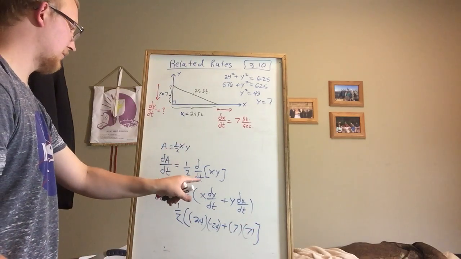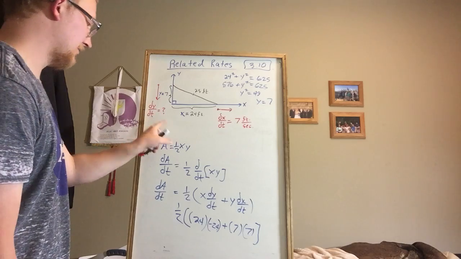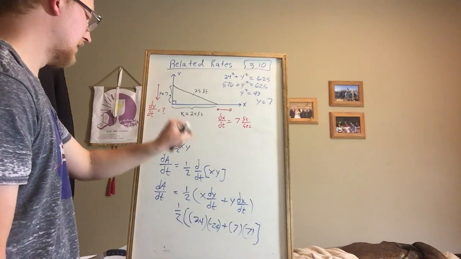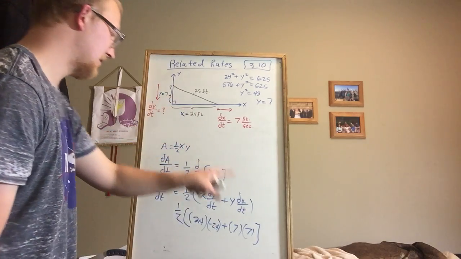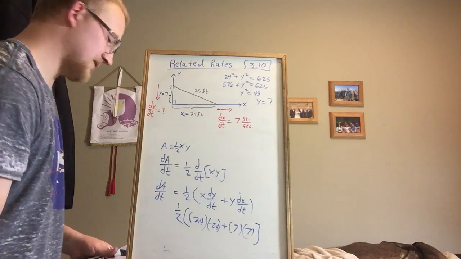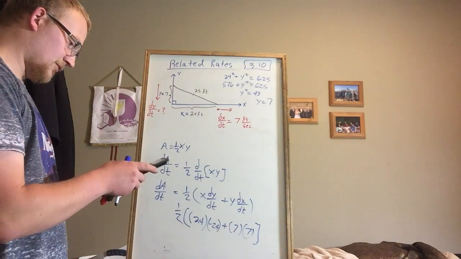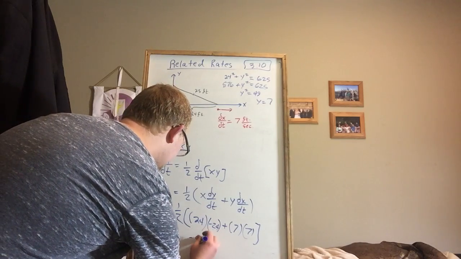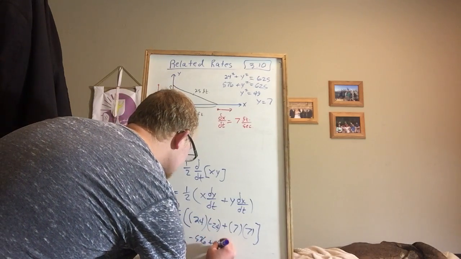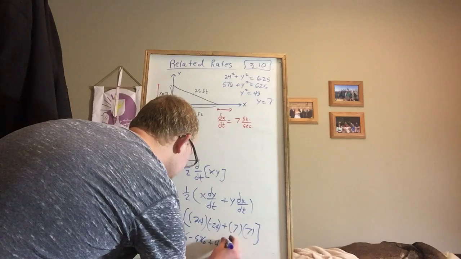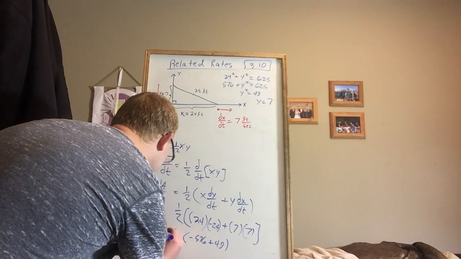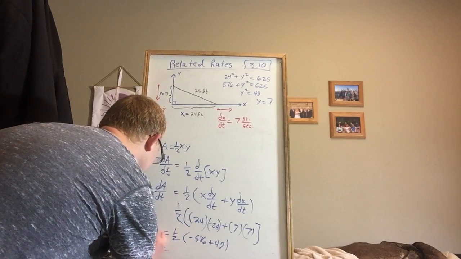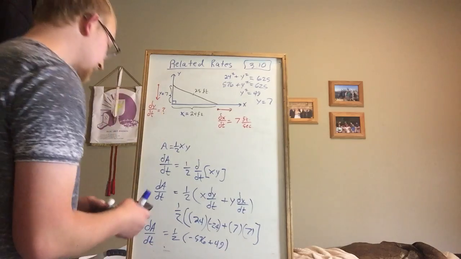So x, 24, times dy dt, which we solved to be negative 24, plus y, which is 7, times dx dt, which is 7. 24 times 24, that's negative 576, plus 7 squared is 49. And this is all times 1/2 and equal to dA dt.